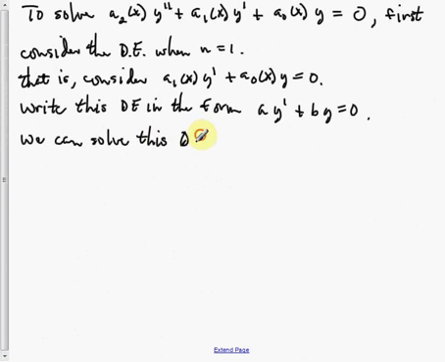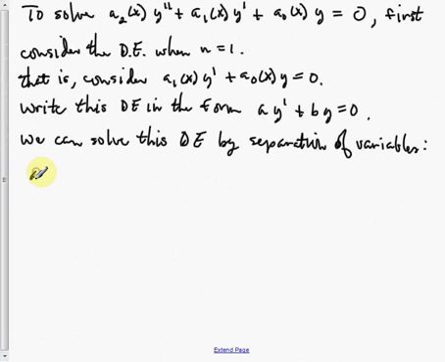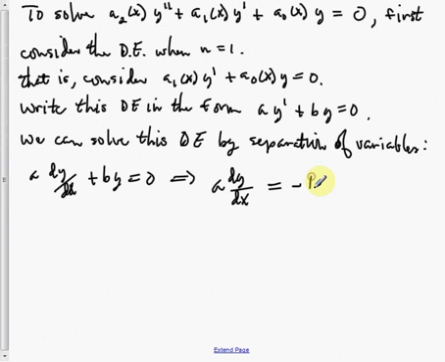So this differential equation by separation of variables: a times dy over dx plus b times y equals 0. This implies that a dy over dx is equal to negative b times y.